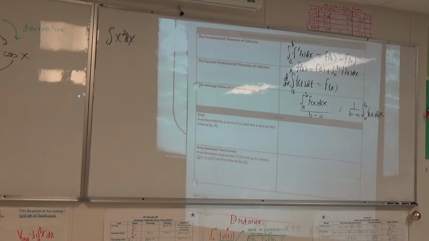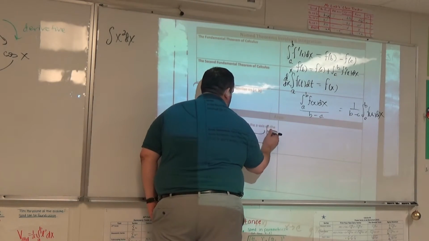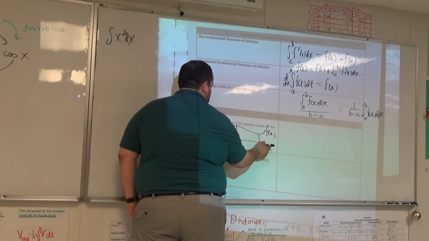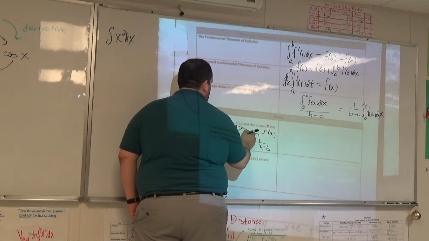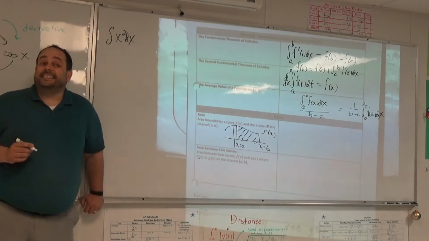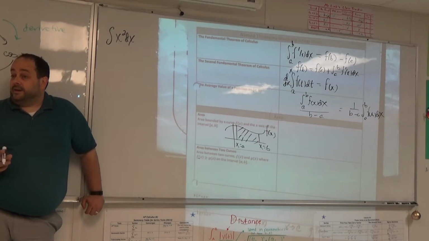Integration also shows up in area. So if I gave you some curve f of x, whatever it is, it doesn't actually matter what it looks like. And I say, here's x equals a, and here's x equals b. Hope this is an easy one for all the friends in the room. You want to find the area.